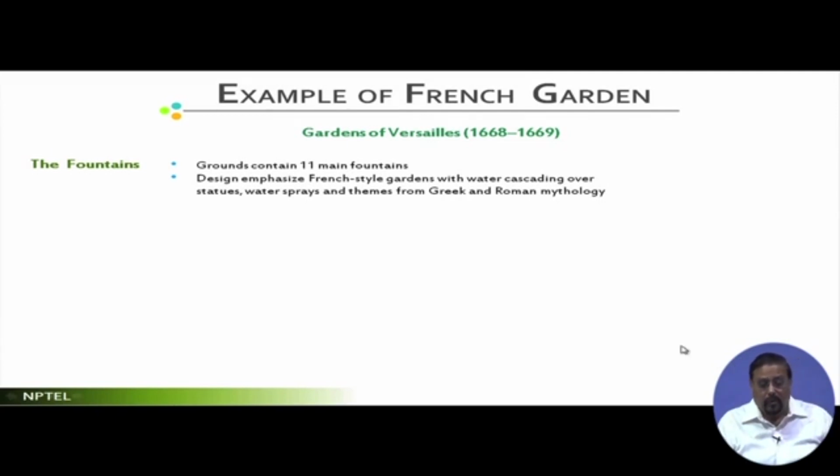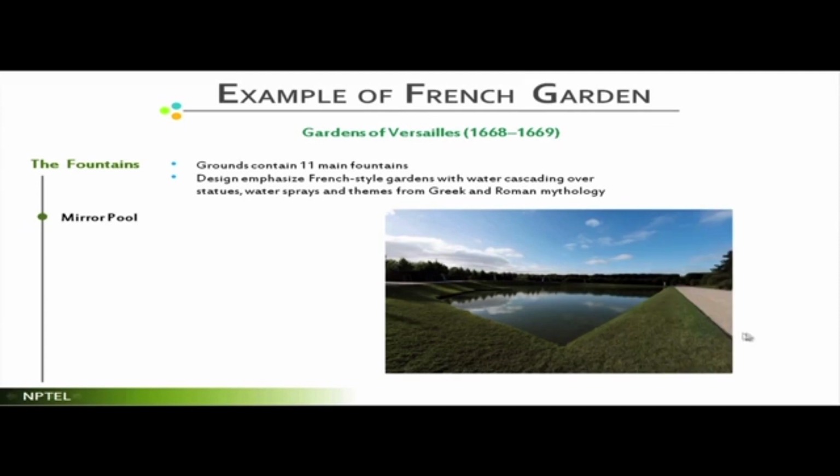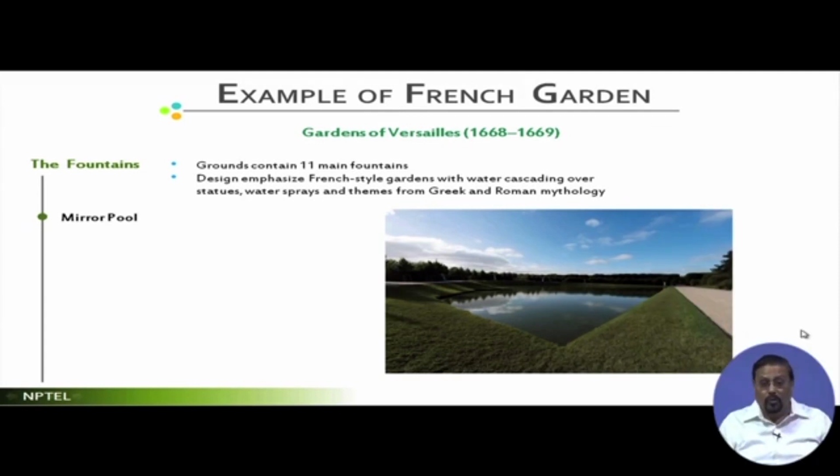These fountains were essentially with the cascading over statues or water sprays. The statues were the good handiwork of the sculptors which were kept at certain points and which were depicting some Greek or Roman mythology. Such fountains, now they also had mirror pools.